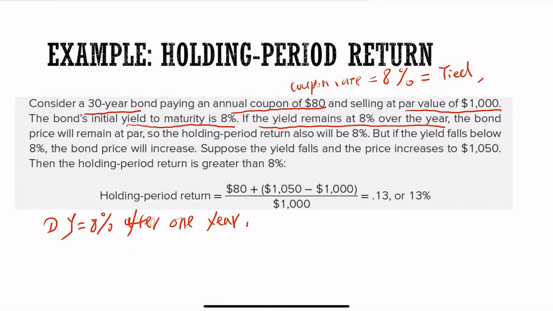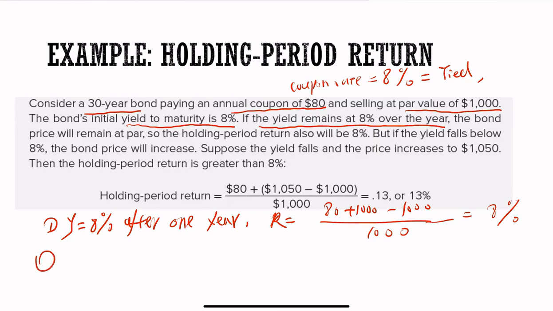So if bond yield stays at 8% after 1 year, after 1 year you will get $80 of the coupon payment, and the bond price stays at 1,000, minus the initial price. So this gives you 8%. That is, in this case, your realized return equals yield.